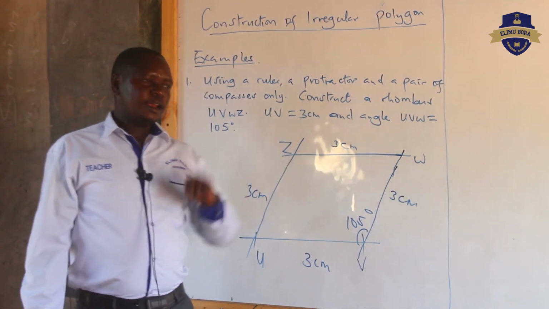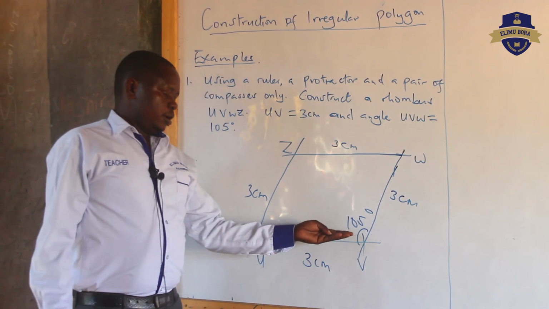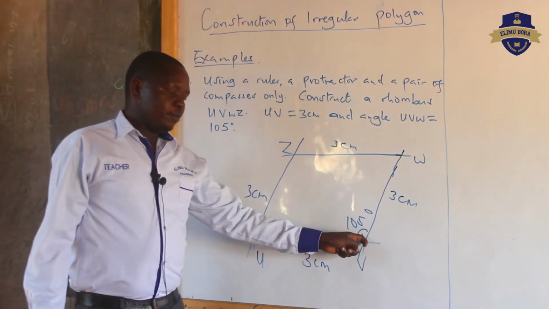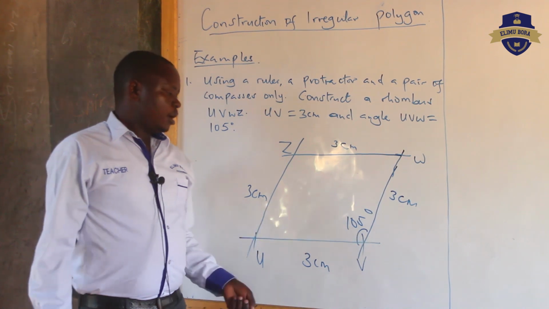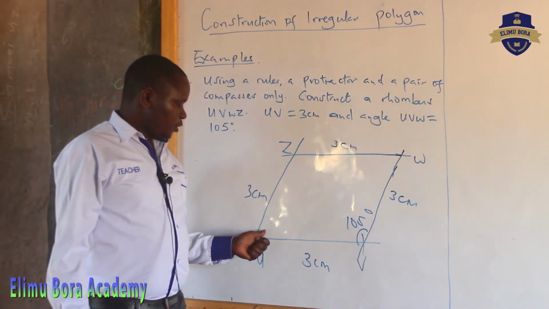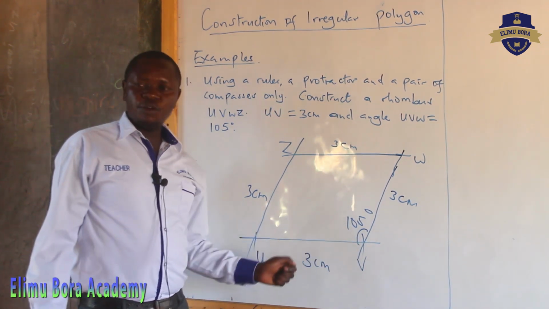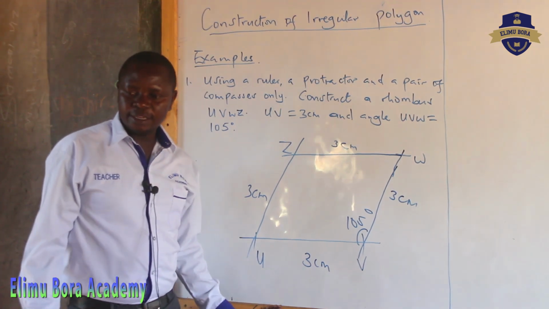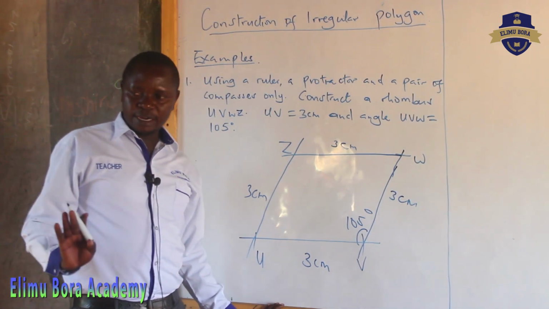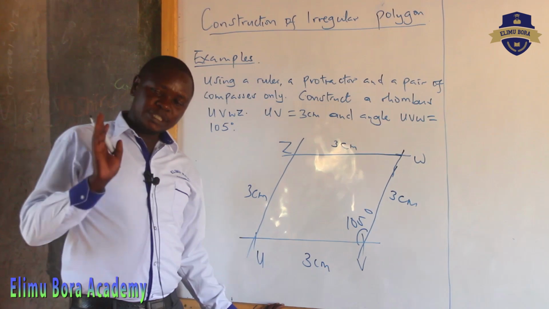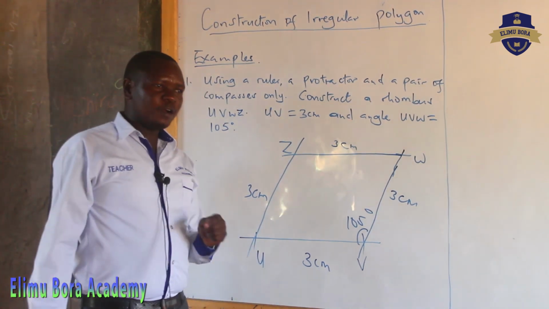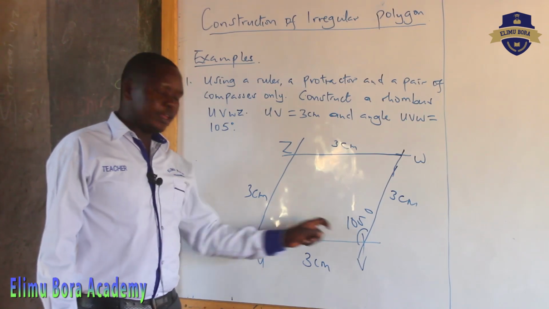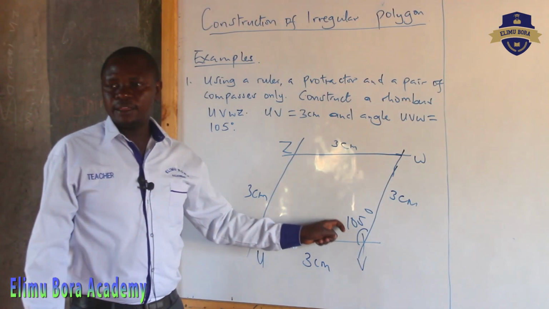Tunaelewana? Now, at this point we have 105 degrees. Sivyo? The two angles at points U and V, when you add, you get 180 degrees. Tunaelewana? Tumesikilizana? Even if it is a parallelogram, the two interior base angles, when you add, you get 180.